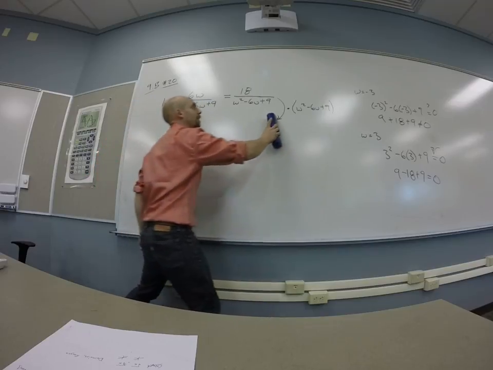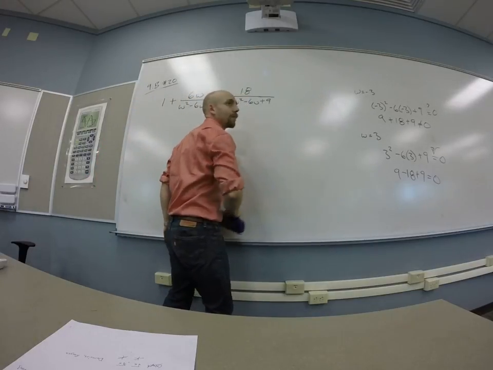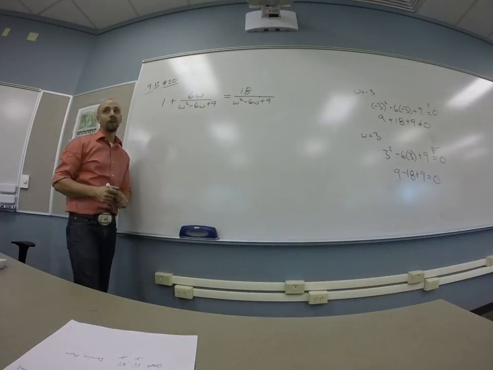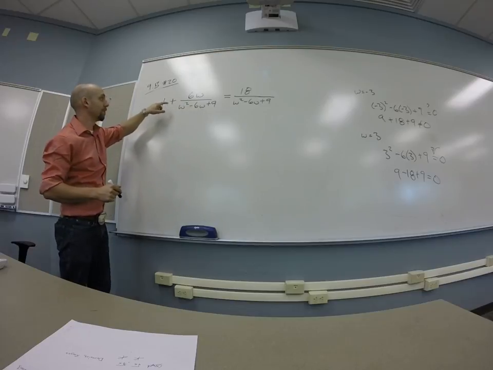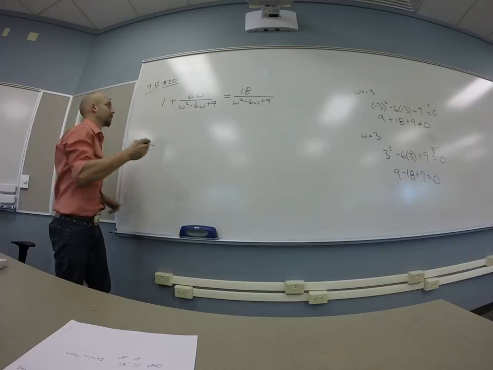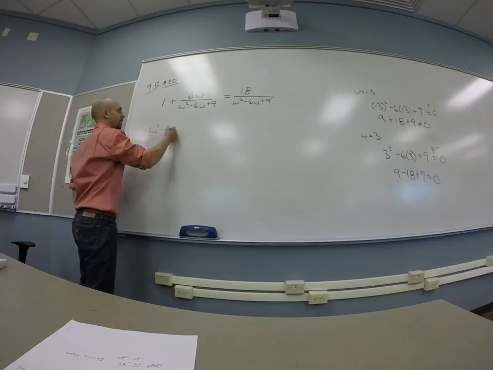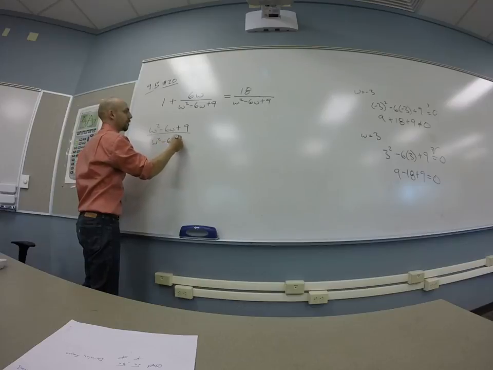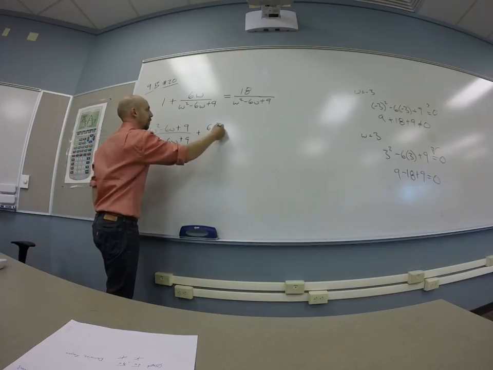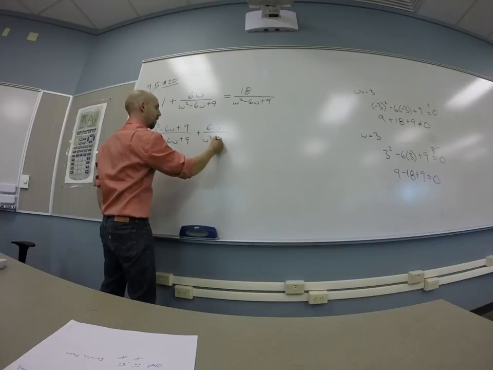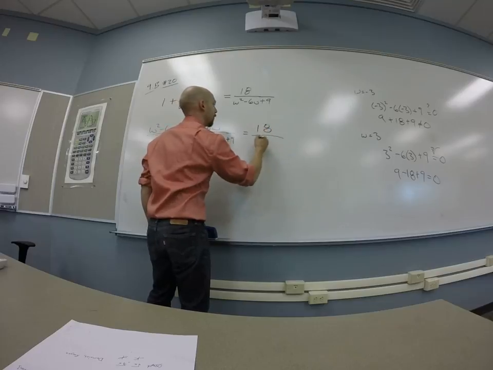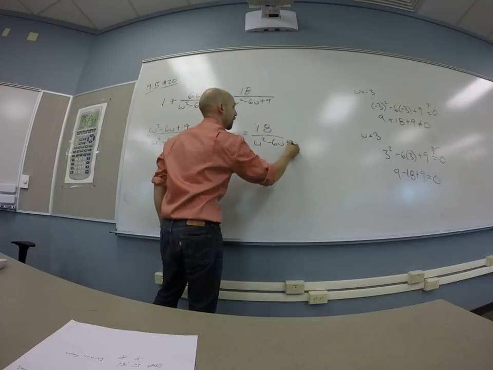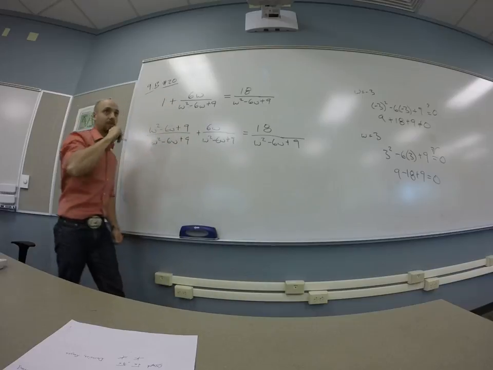The other way to do this, and it's fully equivalent, is to say, okay, here, instead of doing this multiply by this thing, what if I found the common bottom, right? The common bottom's that thing, so 1 is that thing over itself. So I get w squared minus 6w plus 9 over w squared minus 6w plus 9, plus 6w over w squared minus 6w plus 9, equals 18 over w squared minus 6w plus 9, right?